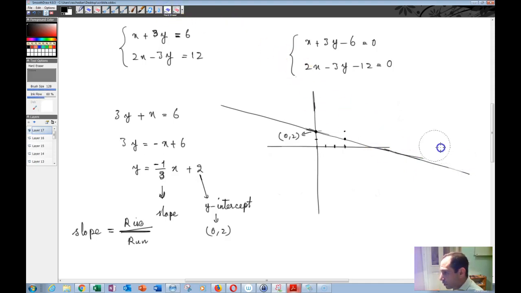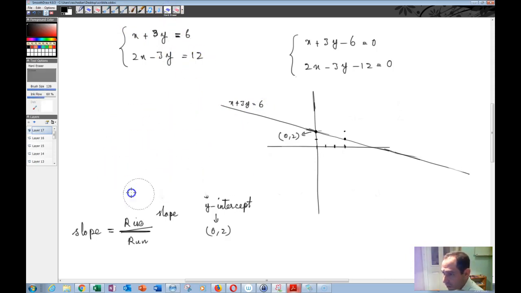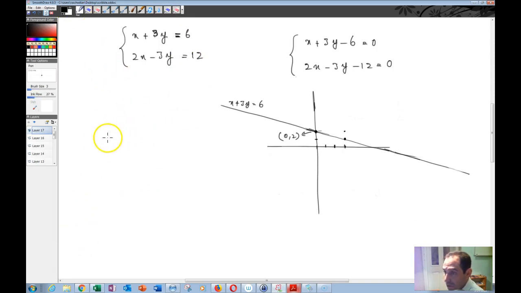Now the other line that I want to draw, besides x plus 3y is equal to 6, is this line over here, which is 2x minus 3y is equal to 12. Okay.